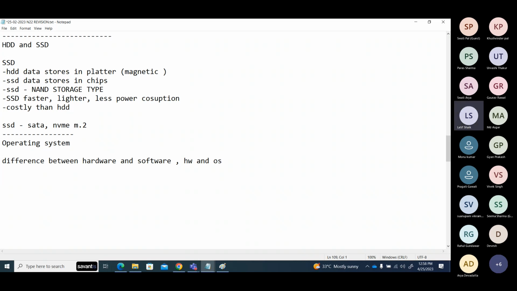You can answer for both: we need an operating system to interact with the hardware, and software or an operating system is required to run our applications. So we need an operating system to interact with our hardware. An operating system is also one kind of program or software.